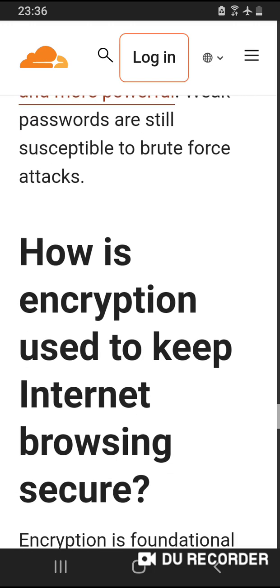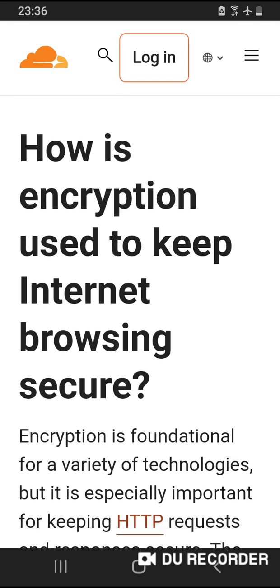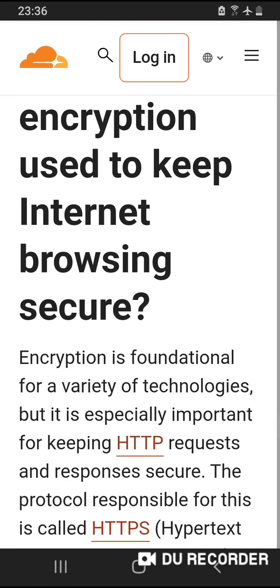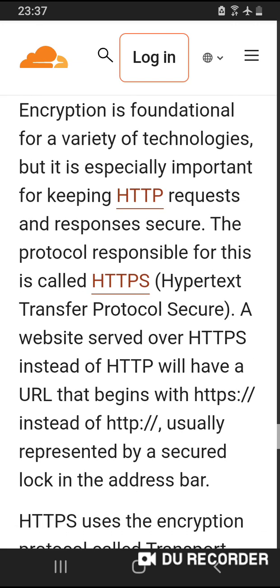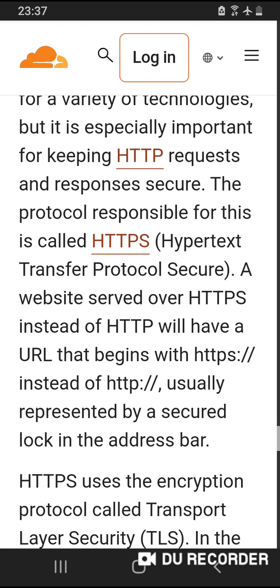How is encryption used to keep internet browsing secure? Encryption is foundational for a variety of technologies, but it is especially important for keeping HTTP requests and responses secure. The protocol responsible for this is called HTTPS, Hypertext Transfer Protocol Secure.